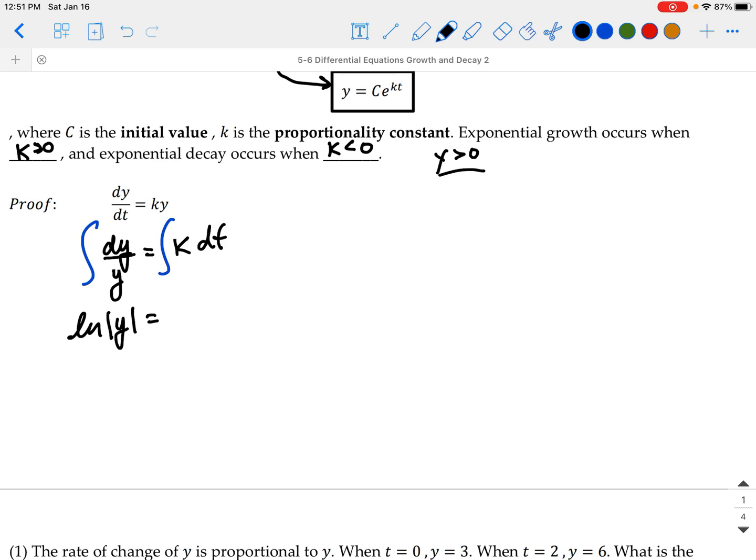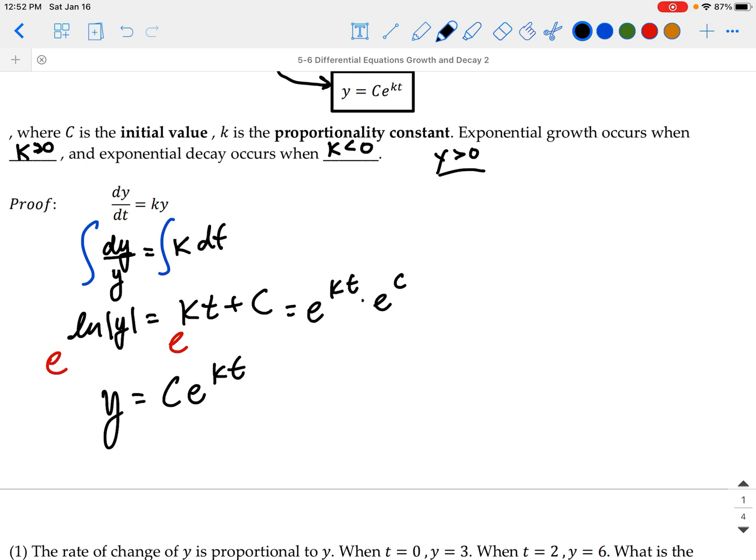On the right-hand side, we're going to get k times t plus c. Then we can raise both sides as the exponent's base e, and we'll end up with y equaling ce to the kt, because e to the kt plus c is the same as e to the kt times e to the c, which is just our constant, capital C.